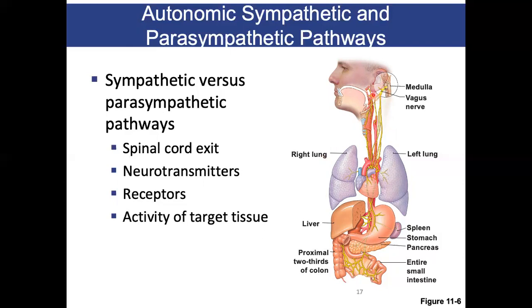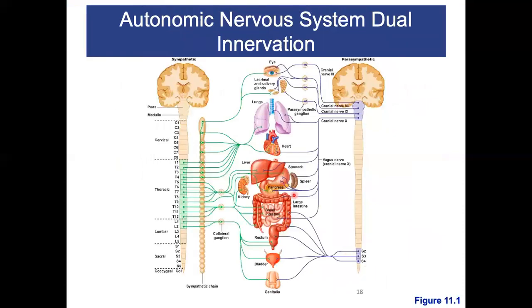So it synapses with your salivary glands, right? Take a look at how it wraps around the heart, lungs, and then it goes into the digestive tract. Okay, here's a side-by-side comparison.